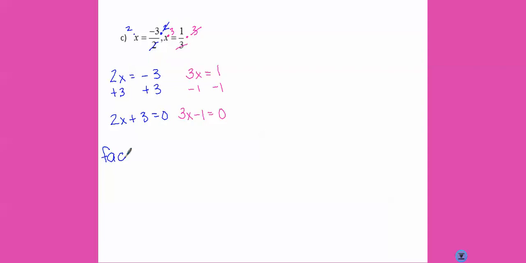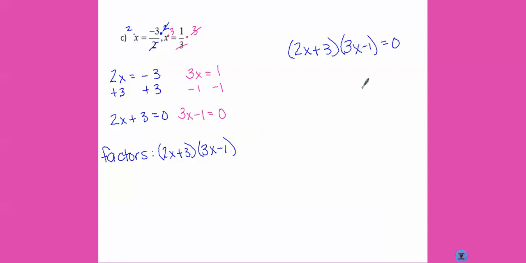So the factors are 2x plus 3 and 3x minus 1. 2x plus 3 times 3x minus 1 equals 0. And then we're going to double distribute for this equation.